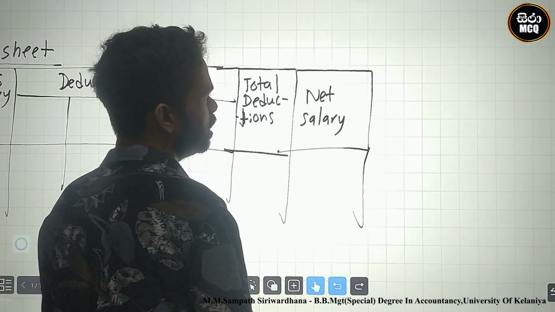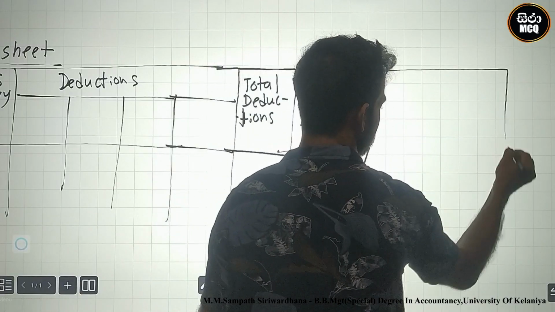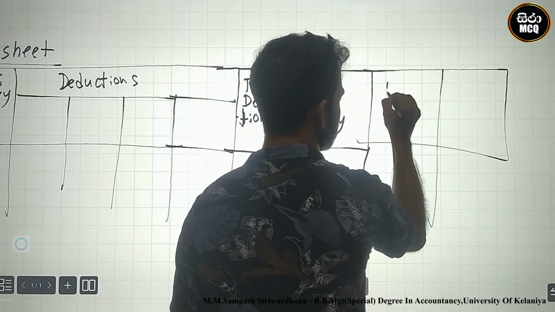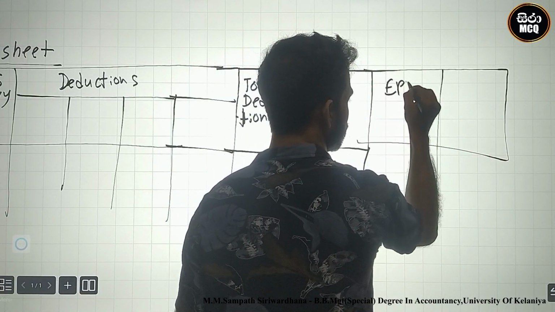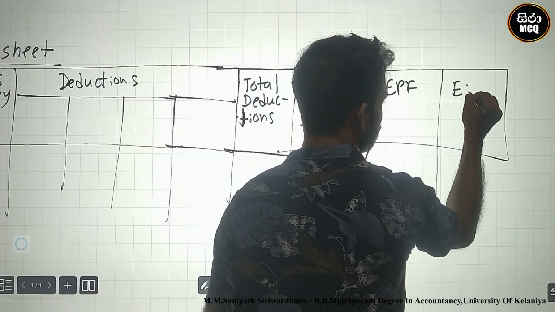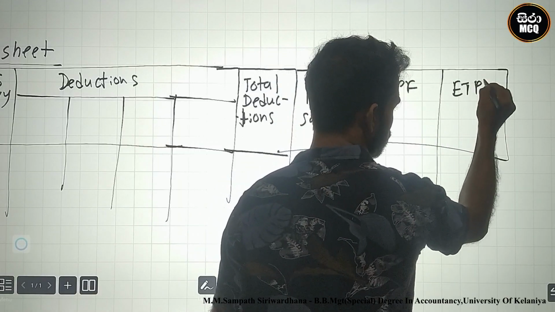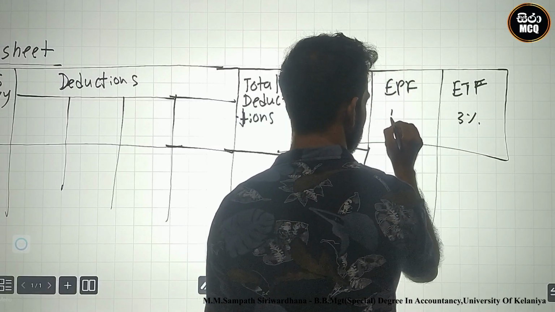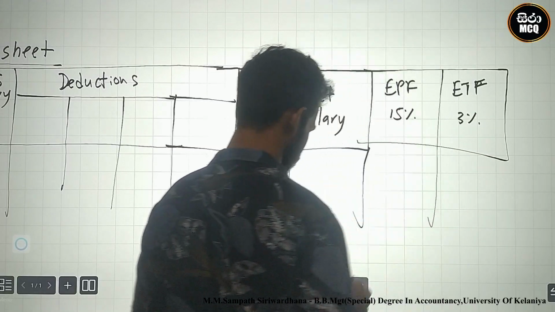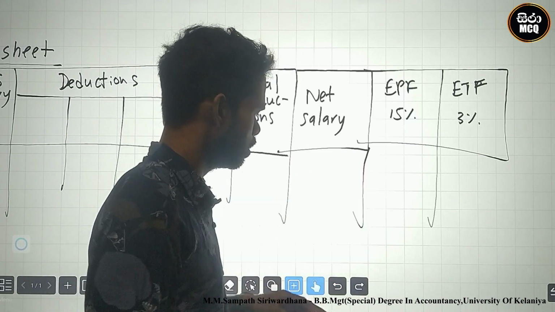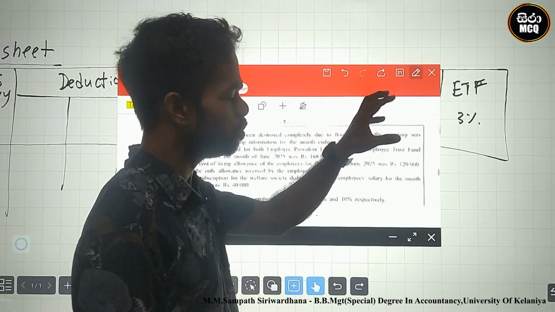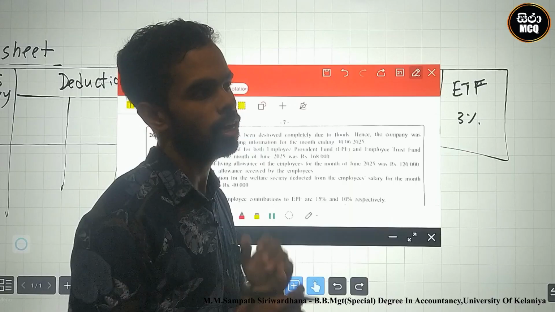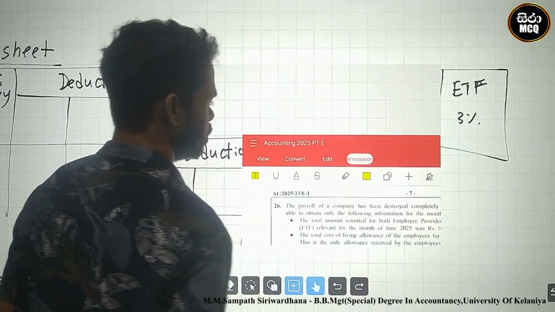After that we identify EPF and ETF. ETF is 3%, EPF is 15% or 12%. In this question we can identify there is an employer contribution, the larger portion.